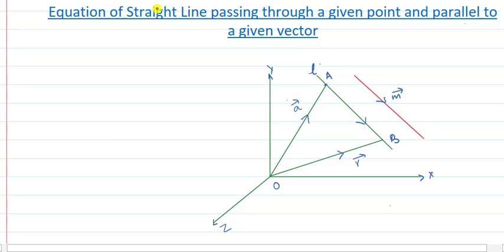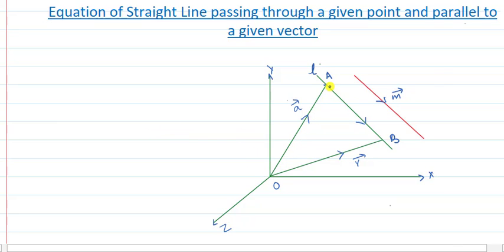As the topic says, to find the equation of a straight line passing through a given point and parallel to a given vector, the given point that we have taken is A, and the parallel vector we have taken is M. Now let us calculate the equation of line L in this axis.